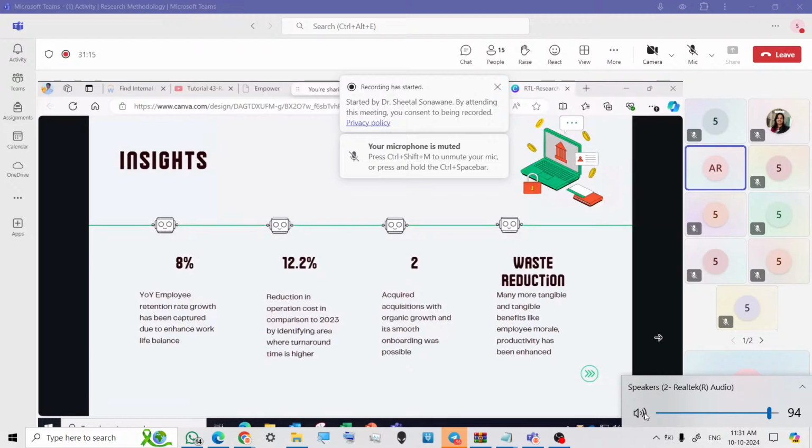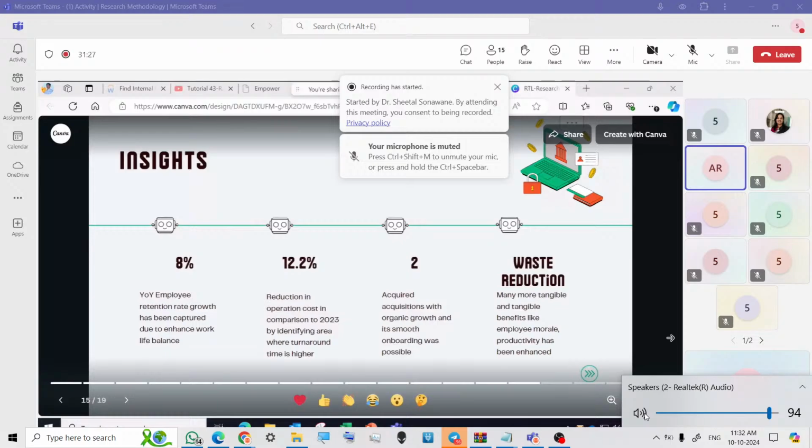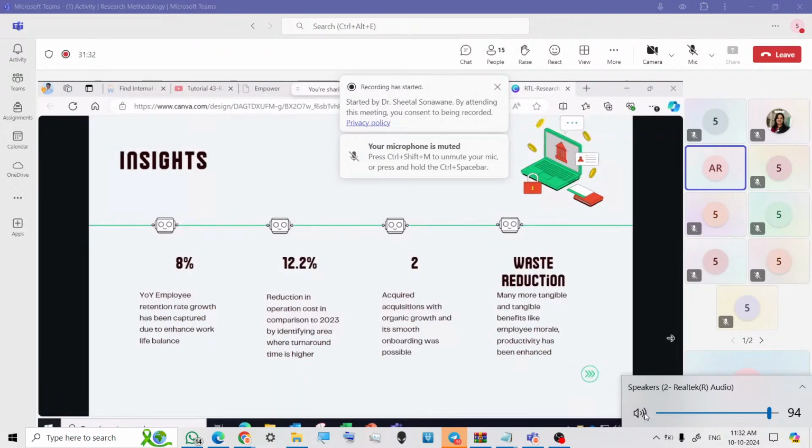And also, as we are able to foresee what is coming, we were able to acquire some acquisitions. And also, like there was some waste reduction as well, like transport, inventory, motion, over processing, and several other defects and all. So we would be able to make those things, and tangible and intangible benefits have been achieved over there.